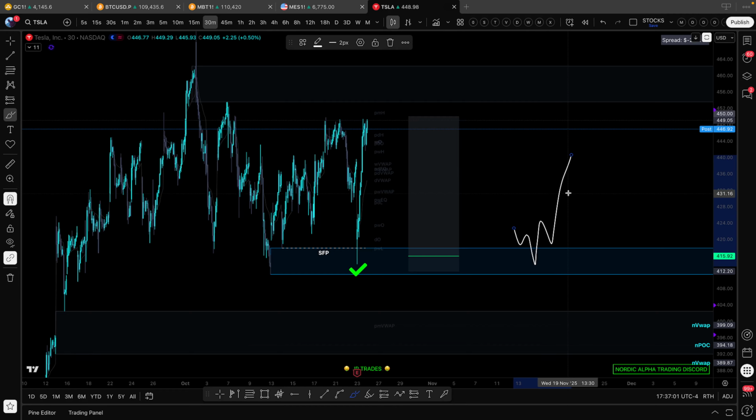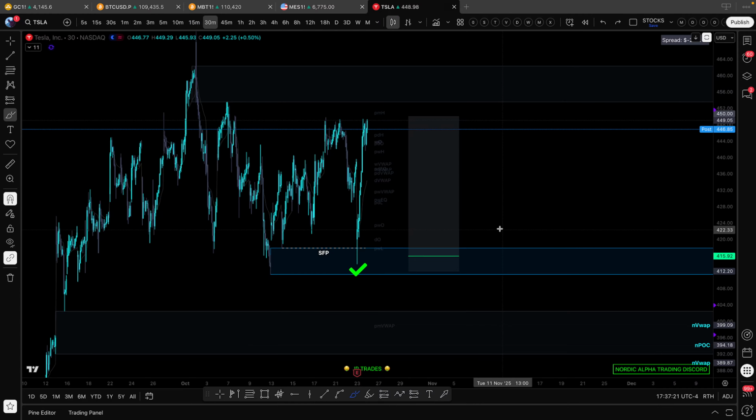What I'm trying to doodle out here is market structure coming down into our zone. You see a market structure shift and you have that break of structure and retest. That is how I enter my trades in a conservative method. But I have many more ways to enter a trade than just that.